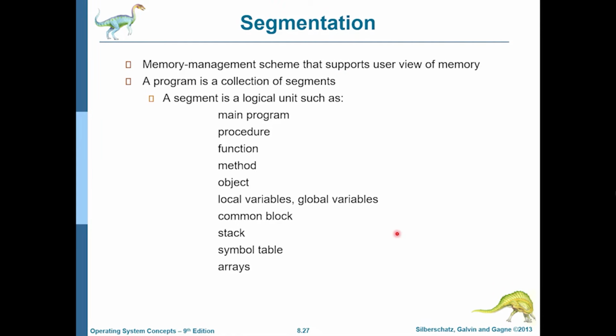Now let's go on to learn about the mechanism segmentation that we have been talking about so much till now. When you write a program as a developer, you look at your program as a main program, a certain set of procedures, functions, methods, objects, variables, the stack, the heap, and lots of other things.